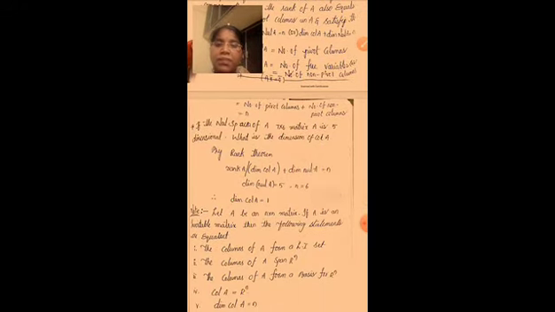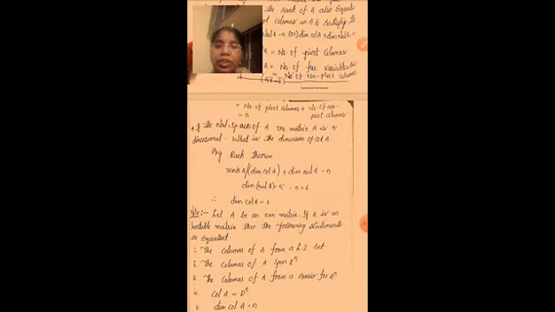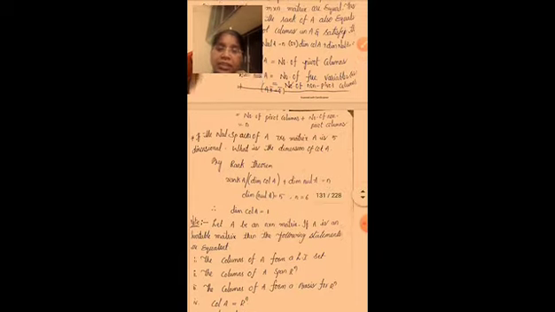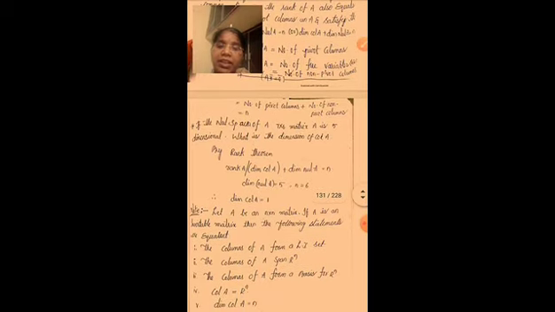If the null space of a 7 by 6 matrix A is 5 dimensional, what is the dimension of column A? See here, by the rank theorem we know that rank A plus dimension of null A is equal to n.